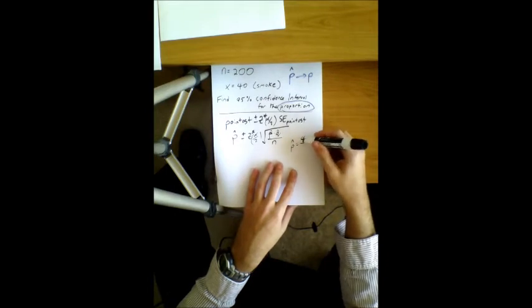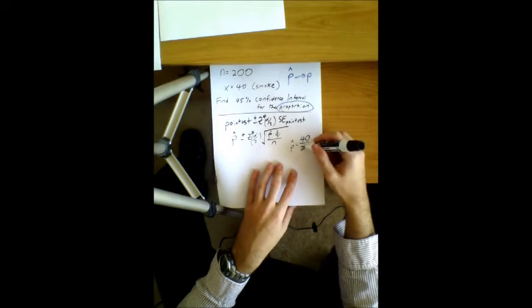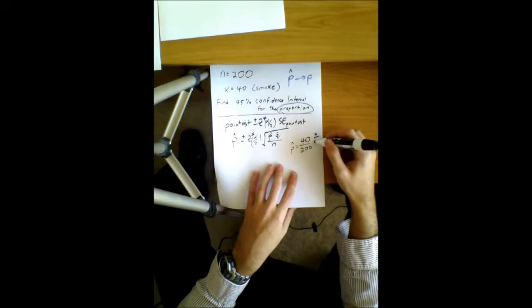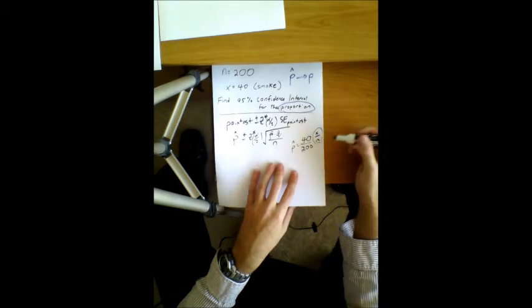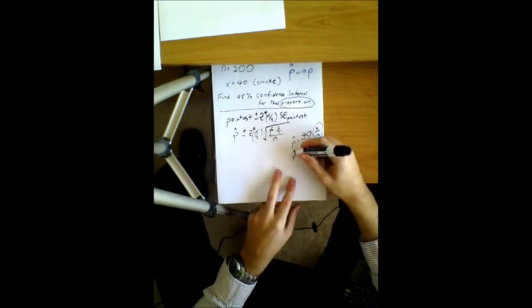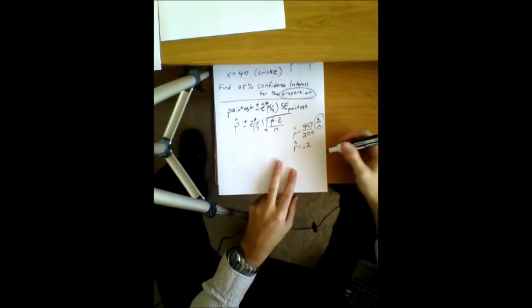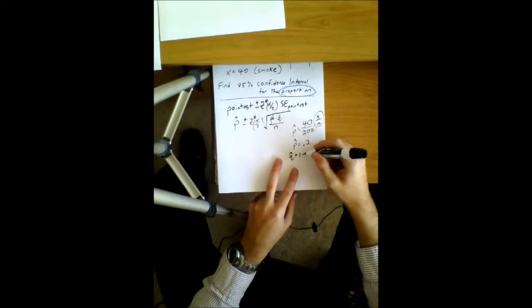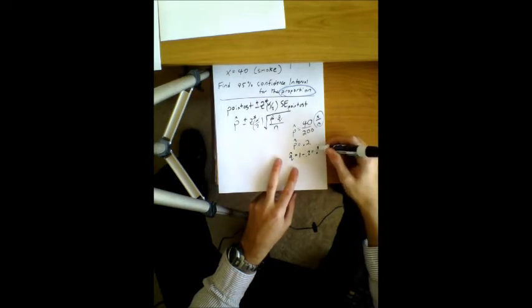We're interested in who smokes, so it's 40 over the total, which is 200. This is x over n. This reduces to 0.2, so p hat is 0.2. We can use that to find q hat, which is 1 minus 0.2, or 0.8.